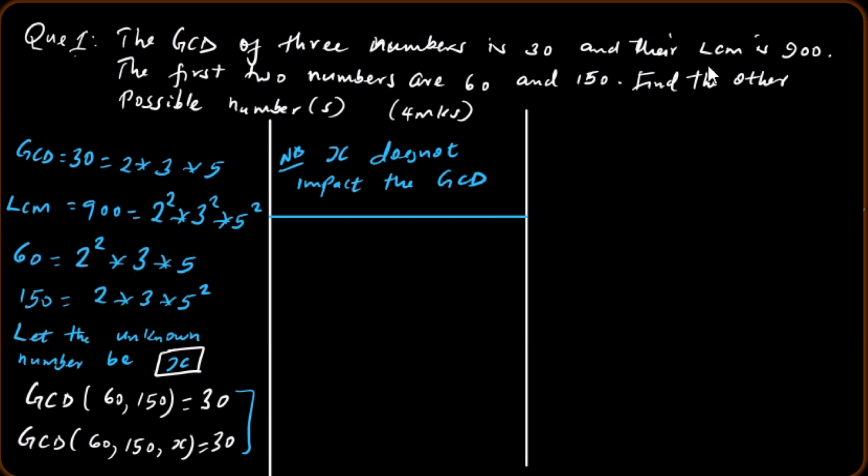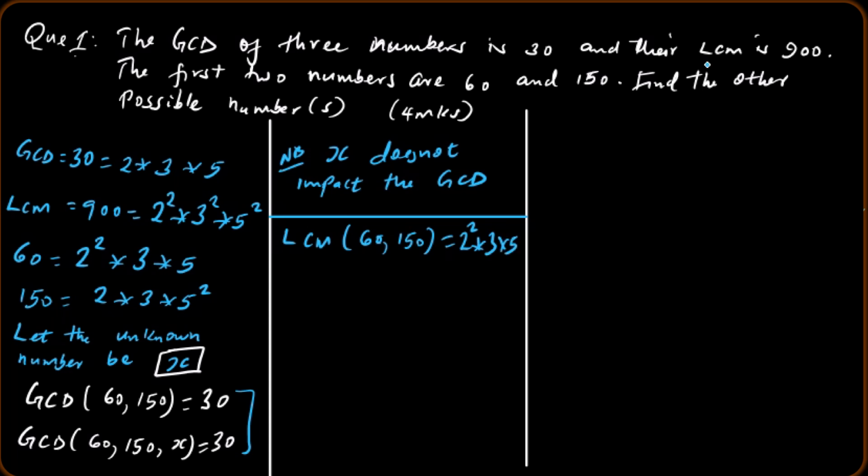The LCM of two numbers, 60 and 150. You can do it separately to find the LCM of these two numbers. 60 will be 2 power 2 times 3 times 5.